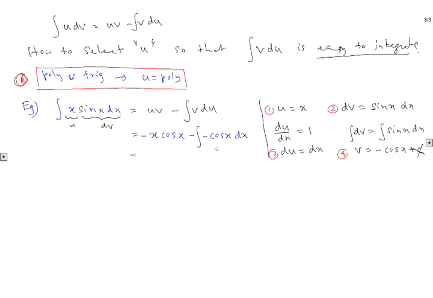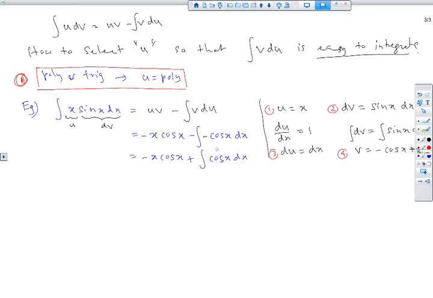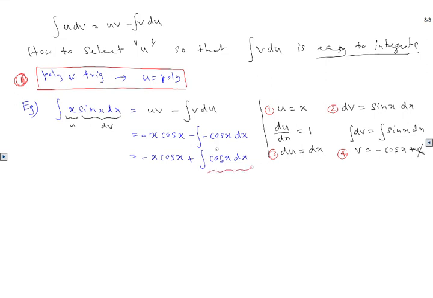Now if you simplify this a little bit, the negative sign you can take out, and you have cosine x dx. So this is very easy. You transform a difficult integral into an easy one. That's the whole point.